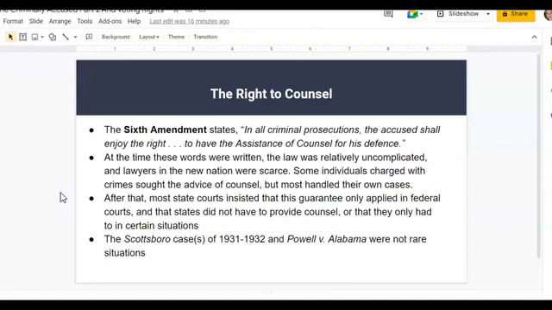There weren't that many attorneys, and people could reasonably handle their own cases, although some people did hire attorneys. But things changed as time went on, obviously. And as time did go on, most state courts insisted that this guarantee only applied to federal courts and not state courts.